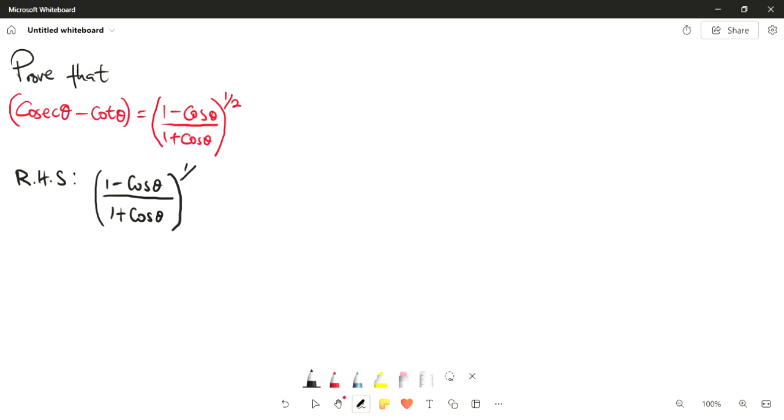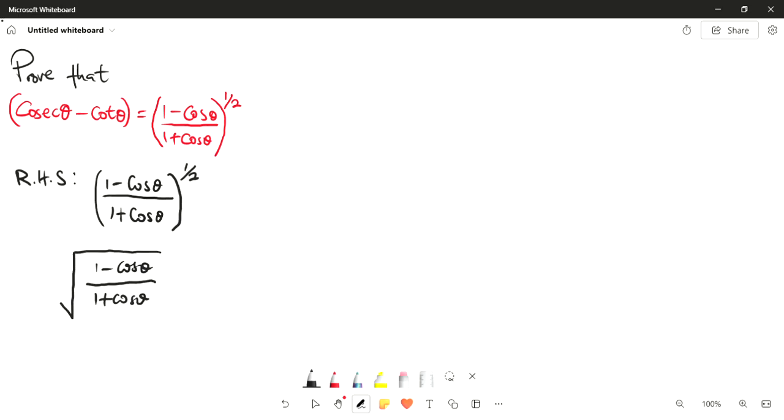Now we understand that if we have a base raised to an exponent of half, it's the same as saying that the base, in this case 1 minus cos theta over 1 plus cos theta, will be enclosed under the square root, like this.